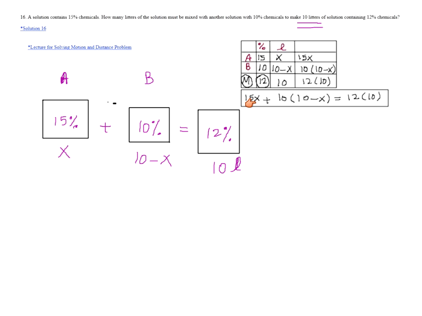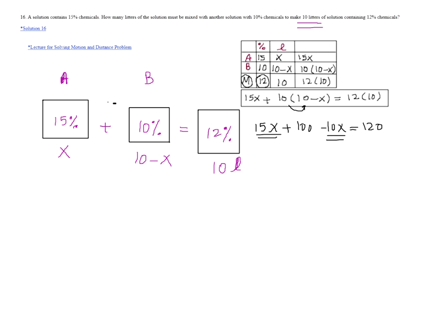That would be the equation we need to solve for x. And once I do that, that would be the amount I'm going to use for the 15% strength. If I distribute, I get 15x plus 100 minus 10x is equal to 120.